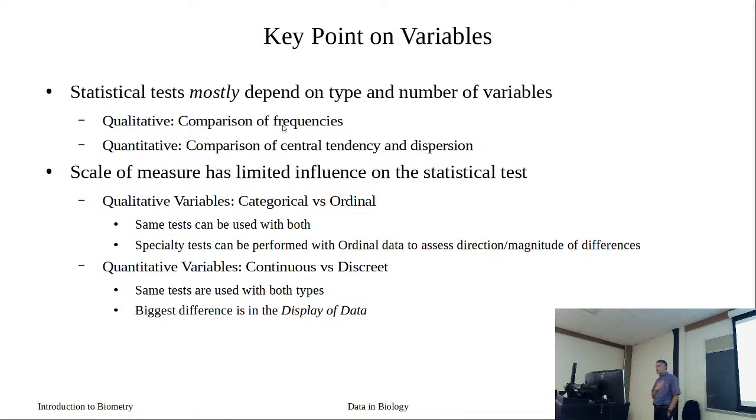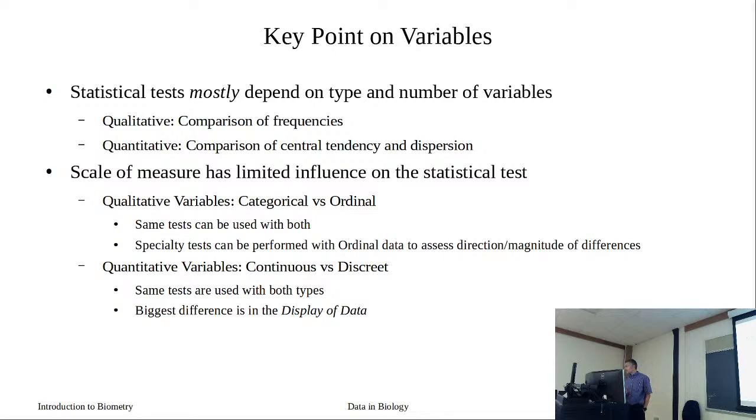All right, so again, why worry about the variables? Our statistical tests mostly depend on the type and the number of variables that we're working on. All right, so if we have qualitative variables, we're comparing frequencies. Those are the types of tests that we use to analyze the data. If we have quantitative data, then we're typically comparing central tendency or dispersion.